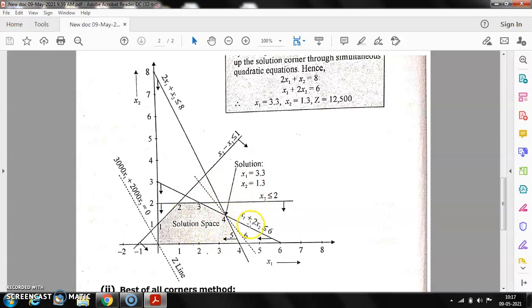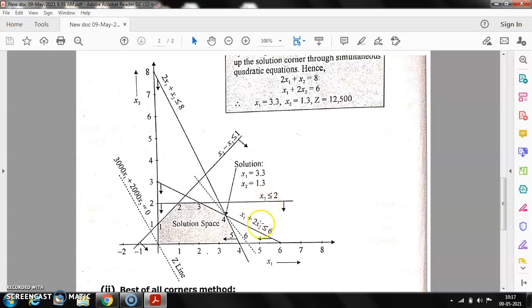Next, go on to the next line. Whatever the region is there below this line, this is all the solution space for this equation. And last, consider this. Below this, whatever the space is there, that is all the solution space for this equation.